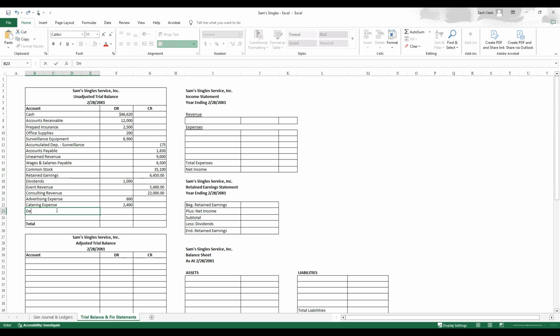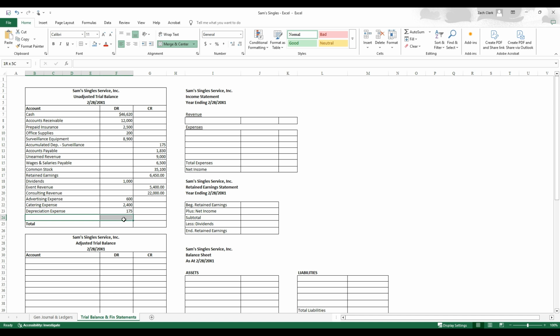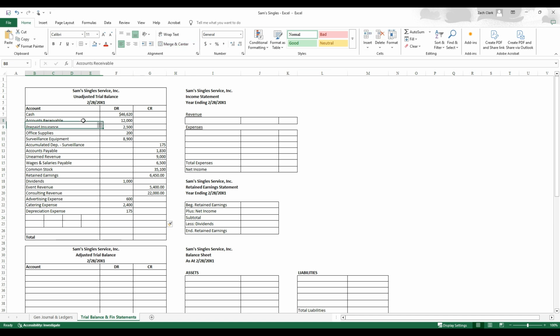Depreciation expense. We're running out of spaces. We can fix that, but that was 175. Let's just highlight those cells and then click insert. Yeah, we'll fix that. Let's just copy that, paste those in.